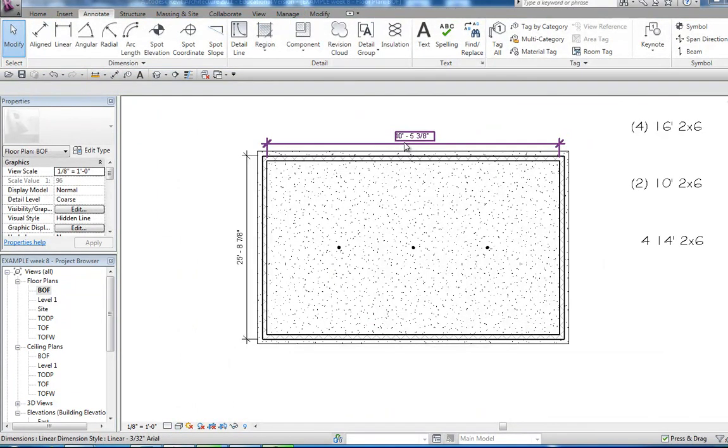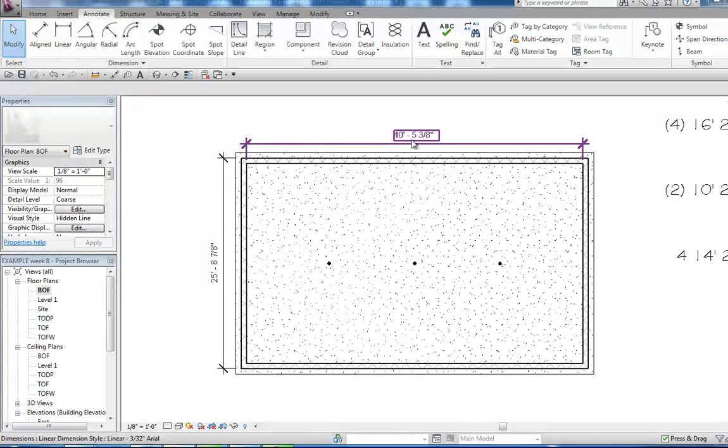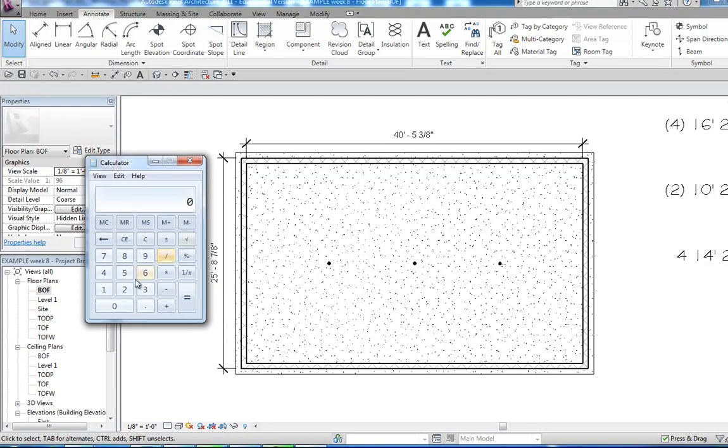Alright, so this thing is 40 foot 5, so we'll say it's 40 foot 6, and I want to grab me a calculator here. 40 foot 6 inches, so we'll say 40.5, and we're 16 on center. I'm going to take 16 and divide it by 12 just to give me in feet a number, 1.33.